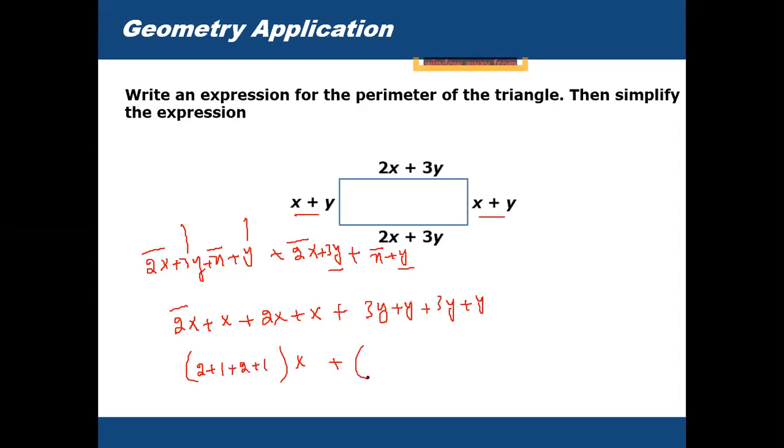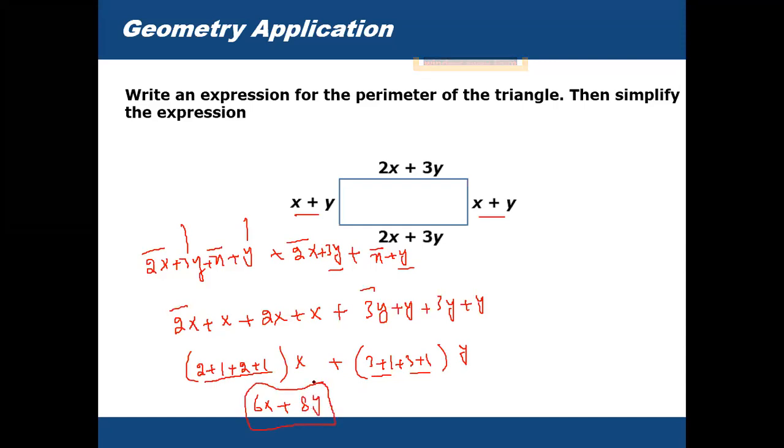For y, the coefficients 3 plus 1 plus 3 plus 1 give 8y. So 6x plus 8y is the perimeter of the rectangle. This is a rectangle, not a triangle.